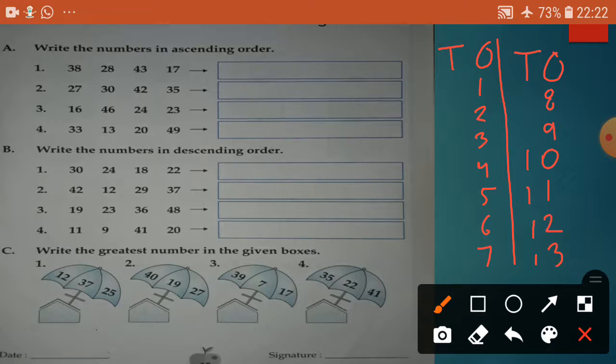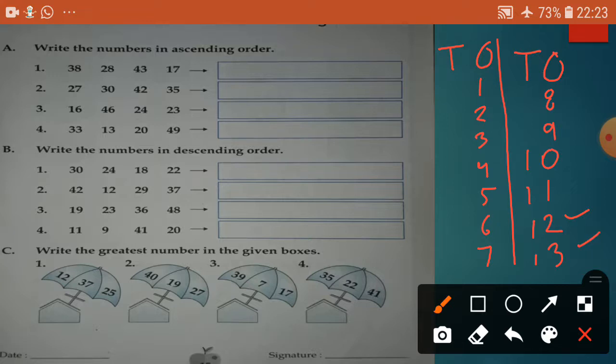So practice and see. See here, 1 to 9 ones. After 9 is 10, so you write 1 ten 0 ones, 1 ten 1 one, 1 ten 2 ones, 1 ten 3 ones.